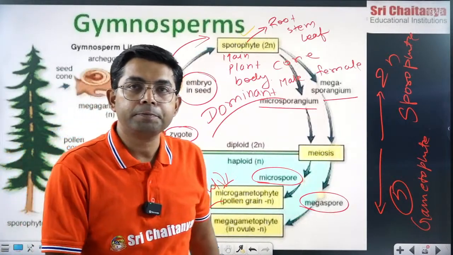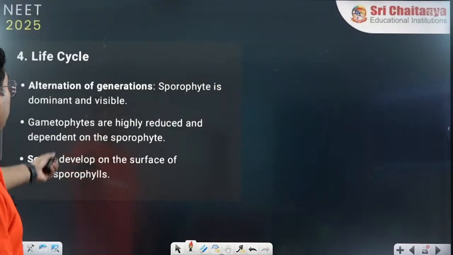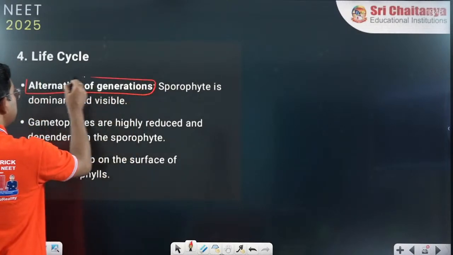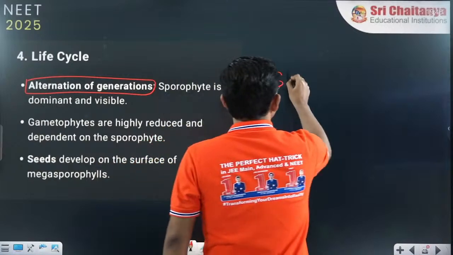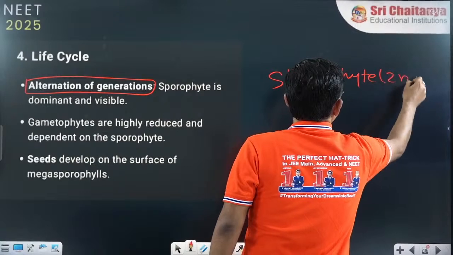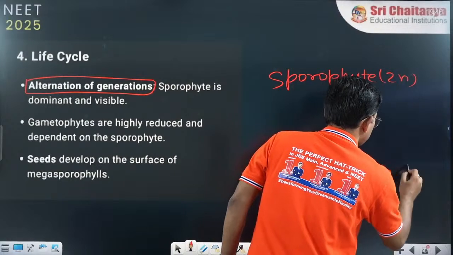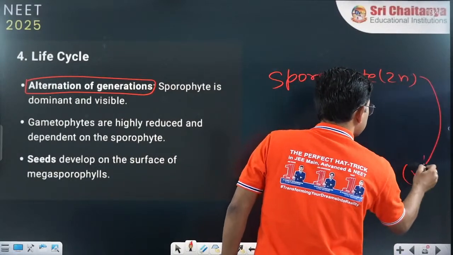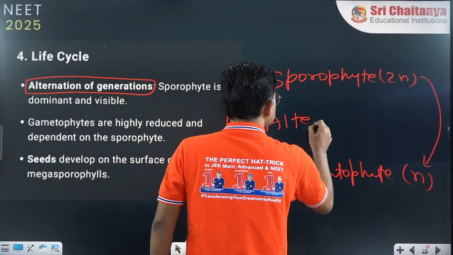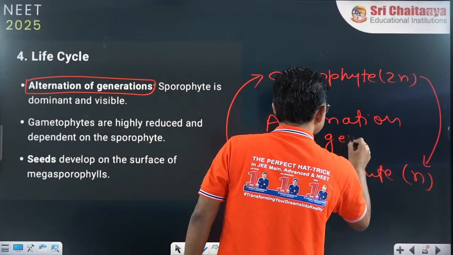Is this point clear? So this was the overall life cycle. Now, alternation of generation means sporophyte, which is 2n, and gametophyte, which is n. This alternation between sporophyte and gametophyte is called alternation of generation.